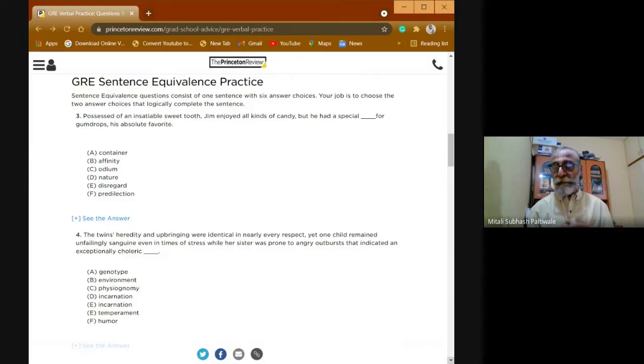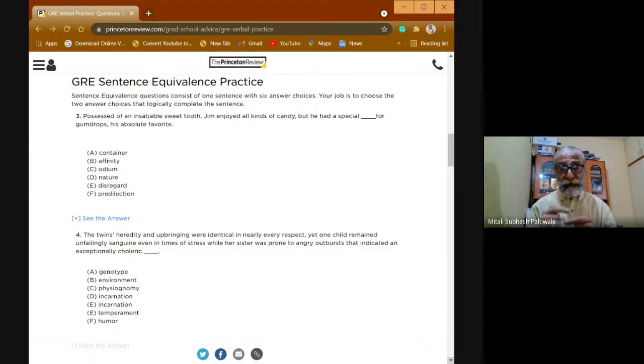That means when you compare one sentence, you want to make an equivalent sentence for the same sentence without affecting the inner meaning of the sentence. So what you are going to do is change only one word in the sentence.